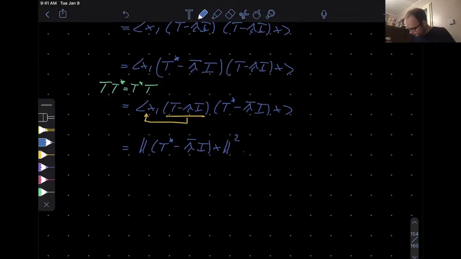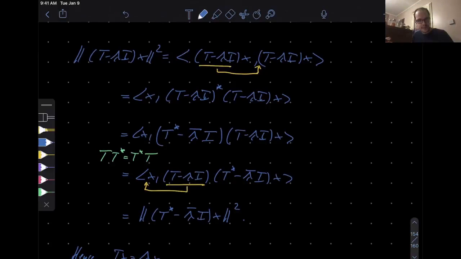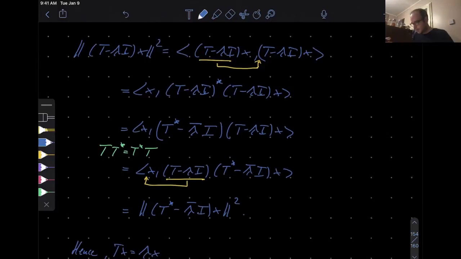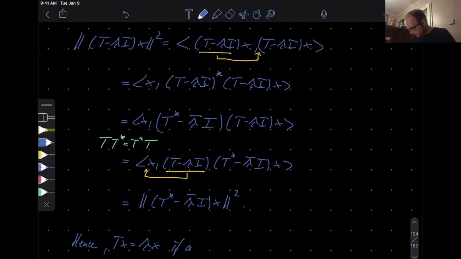hence Tx is equal to lambda x, that makes the left-hand side equal to 0, happens precisely if and only if, well, T star x is equal to lambda bar x.